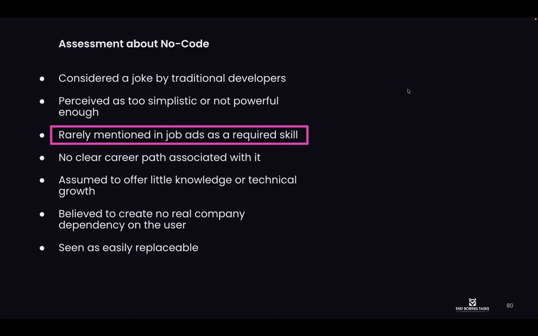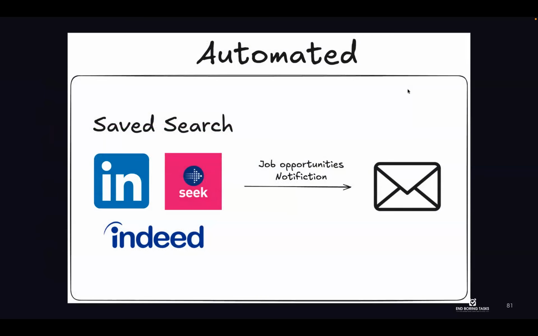But three months ago, I did the same search, and I saw something coming up. And with this, I started doing my automation. I saved the search with these topics, and every day I receive an email with some jobs that could suit these skills.